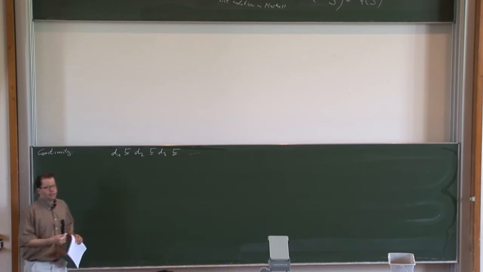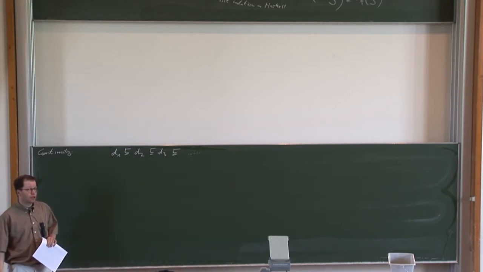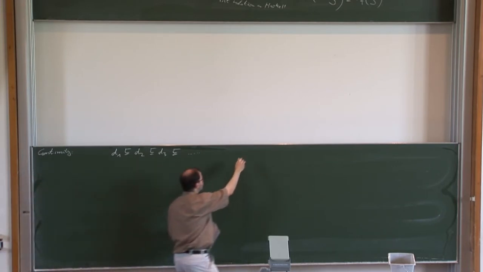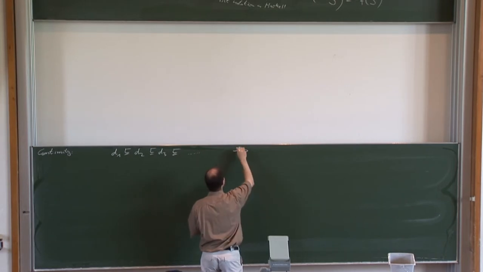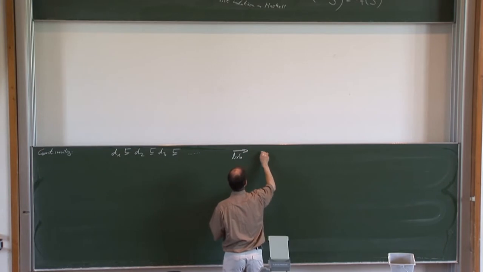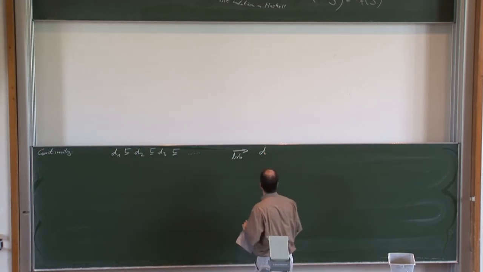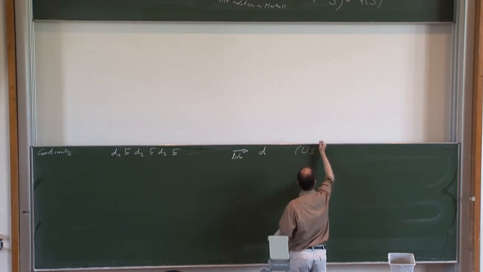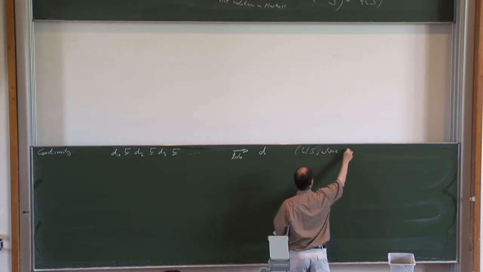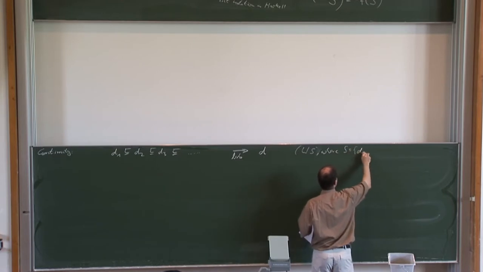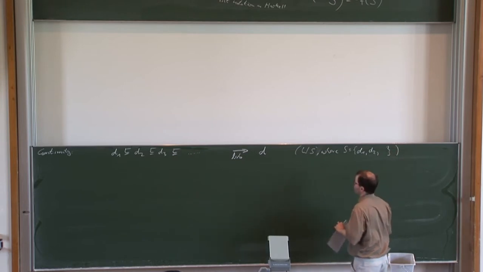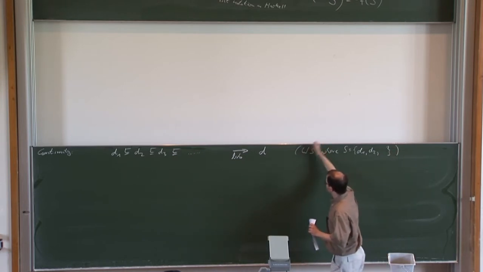We work with complete partial orders, so this chain has a least upper bound. They get bigger and bigger, but you can build a limit here, a least upper bound, and then you get D. So this here is the least upper bound of S, where S is D1, D2, and so on. This is D.